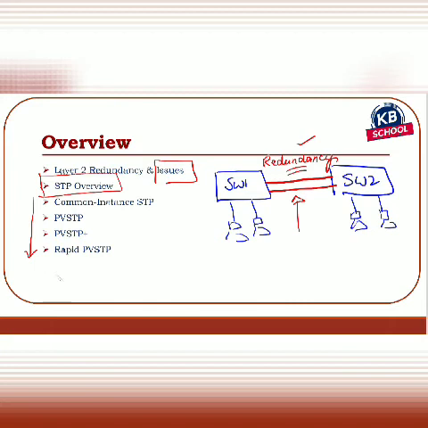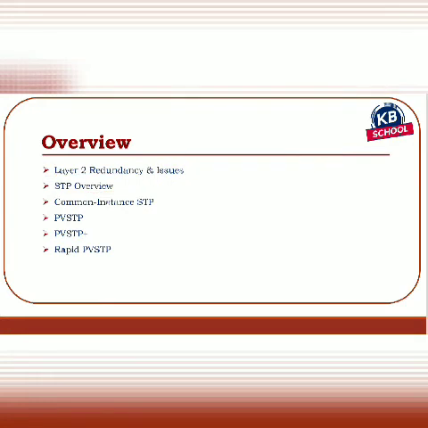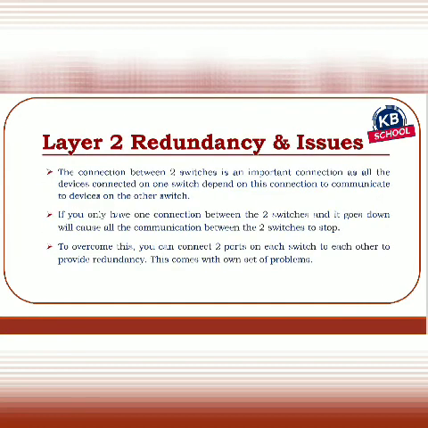So let's get started. The first thing is, when you introduce redundancy into your network, why do you do that? When you have a single connection between two switches, if that link goes down, any communication that is taking place between the multiple devices on one switch is broken to all the different devices on the other switch.